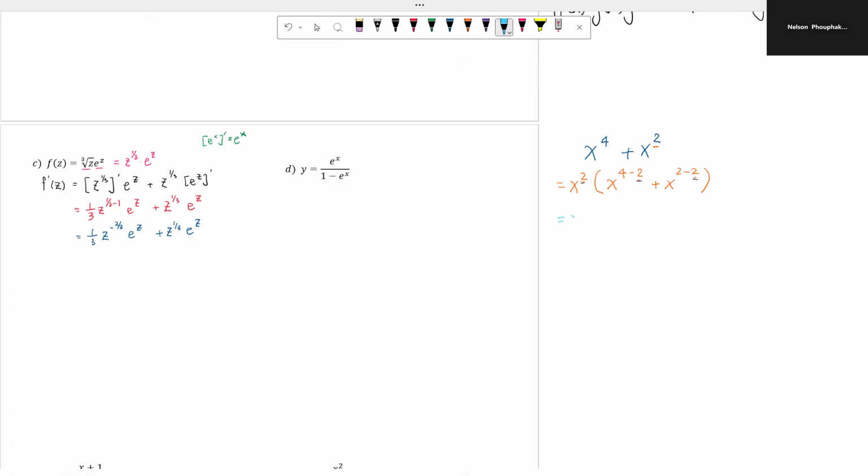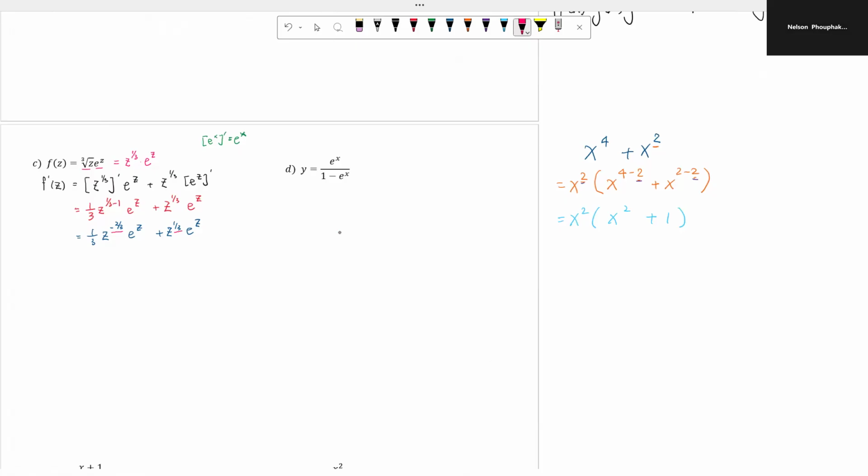And then when we simplify, I will have x squared plus 1. So this is kind of the idea. Now, when I try to work out this problem, in this case, if we have the same base, which is z, then negative 2/3 is actually smaller than 1/3.